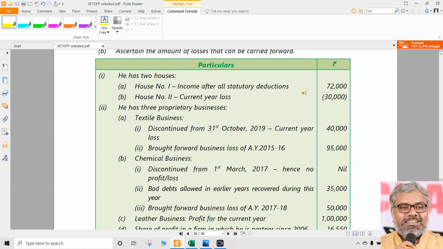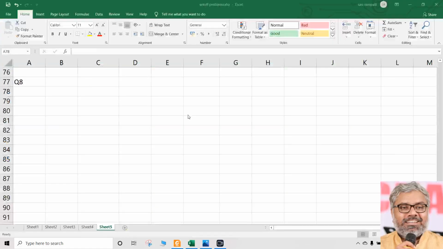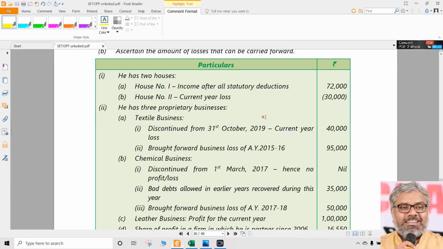So what is the income from house property in this case? Simply 42,000.